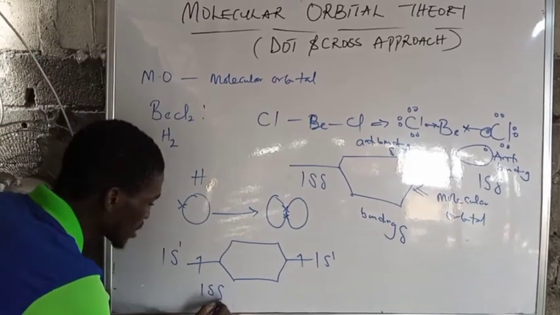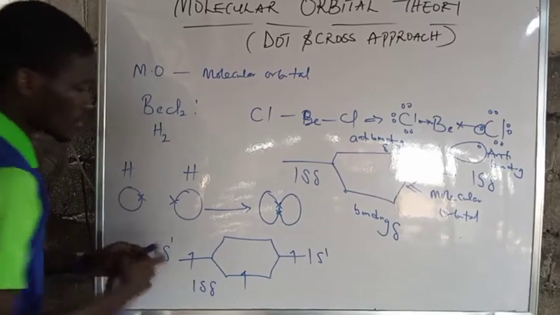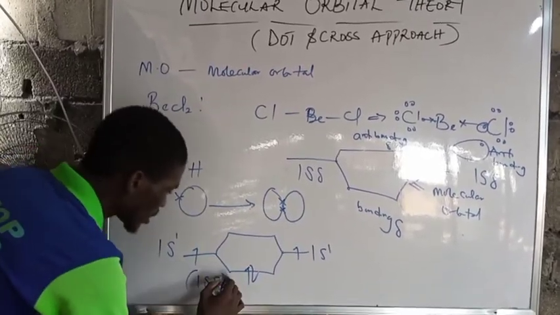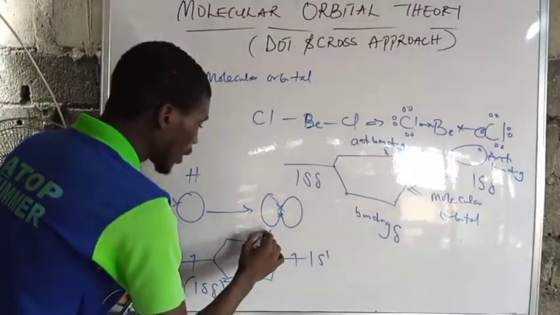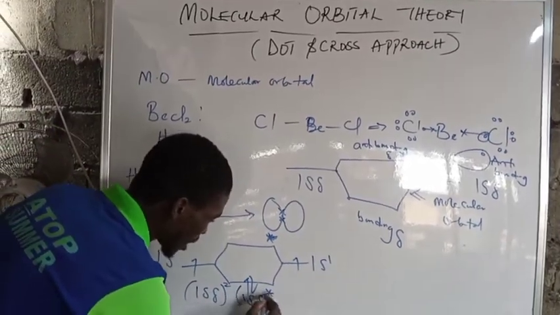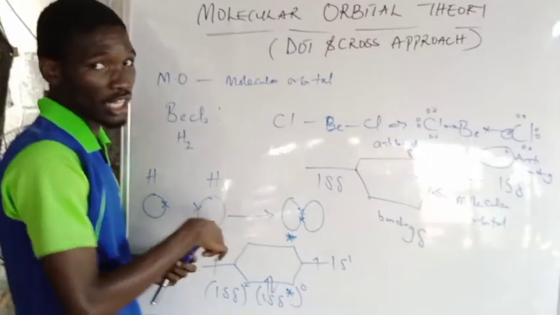I have 1s. So this one will move to this place, while this also will move to this place. So I have 1s sigma 2. That is, I have 2 electrons. While for this asterisk, I have 1s sigma asterisk 0. That is, no electron is here.